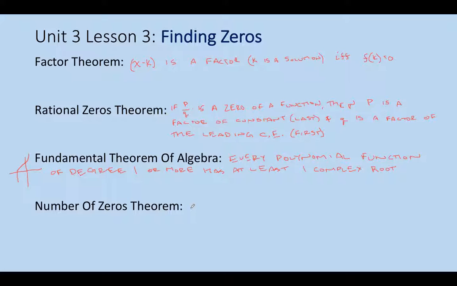And this is usually what we think of most, and that's just that an nth degree polynomial, so second, third, fourth, whatever, has at most n zeros, or n places where it crosses the x-axis, or n solutions.